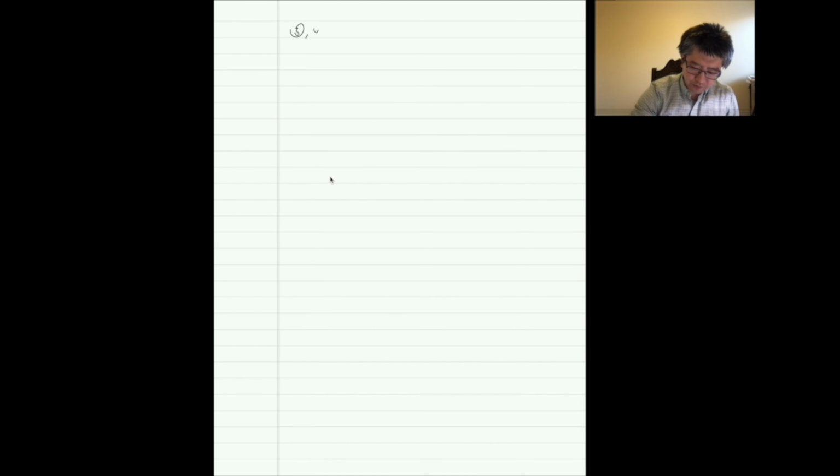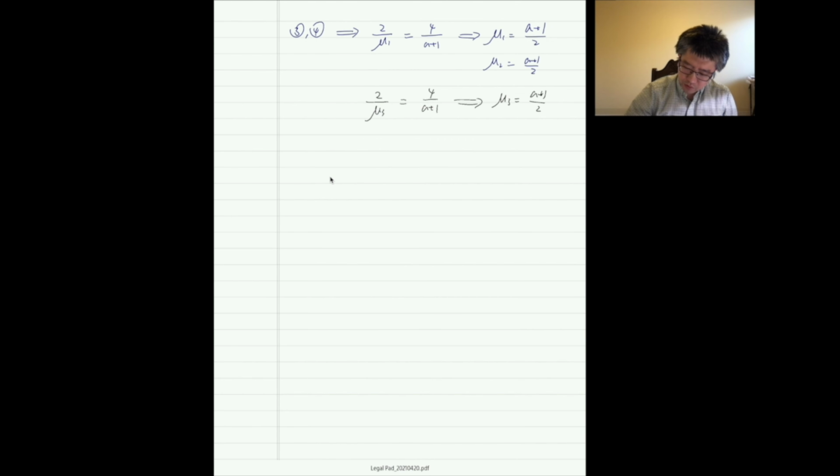Using 3 and 4 with the condition that we just derived, we see that 2 over mu1 equals 4 over a plus 1, so mu1 equals (a plus 1) over 2. Clearly mu2 also equals this. Also from 4, we get 2 over mu3 equals this, so mu3 equals this, and therefore mu4 also equals that. This satisfies our intuition: all of them should be identical because it's pretty symmetric.